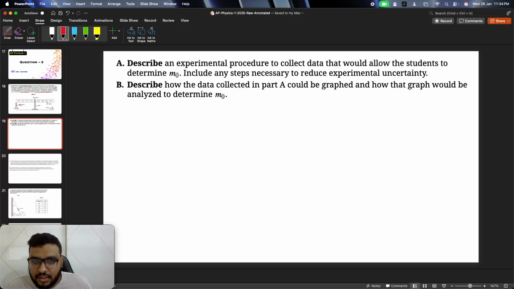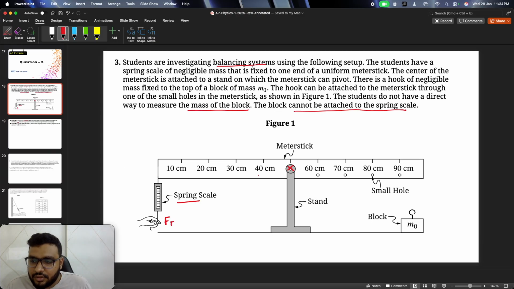Okay, let's look at the first part. It says: describe an experimental procedure to collect the data that would allow the students to determine the value of m0. For example, if I attach this block of mass m0 at this hole at 80 centimeters, I will have a force of m0 g downwards there, and at this point a force downwards which is F_T.